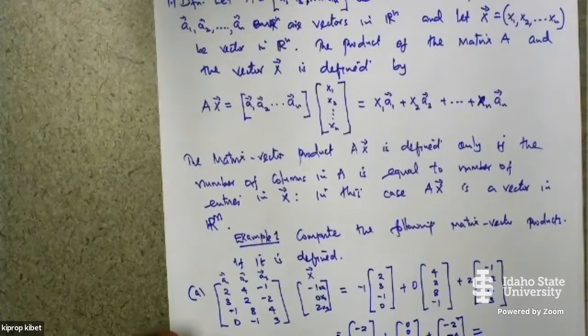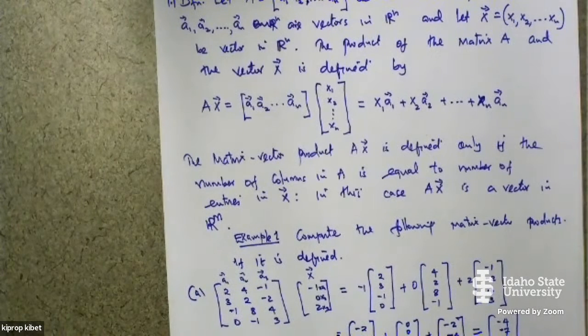So finally, what do you get? -2 plus 0 is -2, -2 plus -2 is -4, -3 plus 0, -4, -3 is -7, and then 1 plus 8 is 9, and then 0 plus 6 is 6.